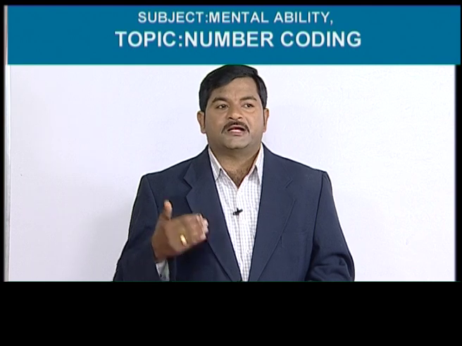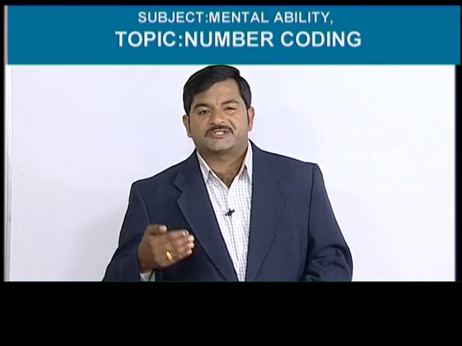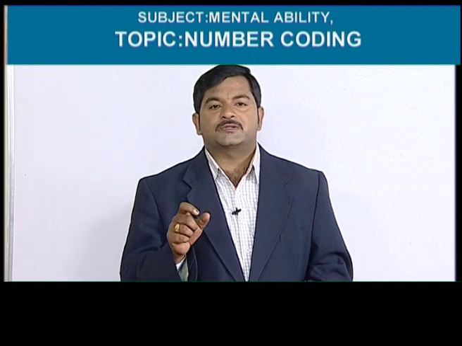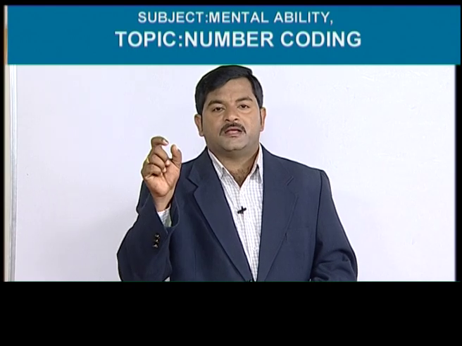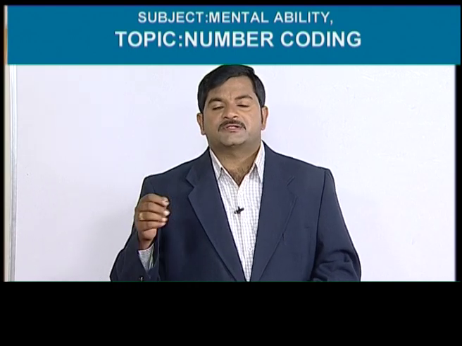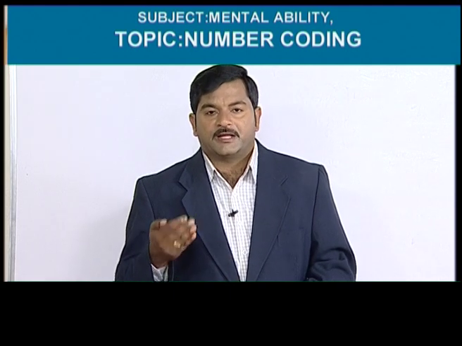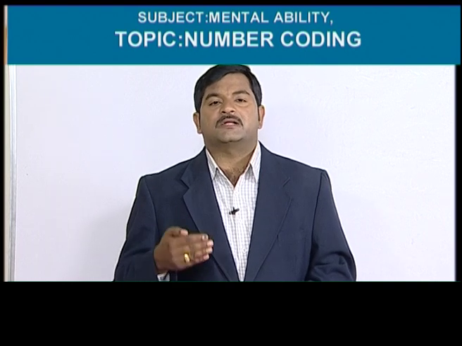How can we find it? The 30th letter can be obtained by subtracting one set from 30 letters. One set is equal to how many letters? 26 letters. That is 30 minus 26, which is equal to 4. According to alphabets, the 4th letter is D. Hence the 4th letter is D as well as the 30th letter is also D.